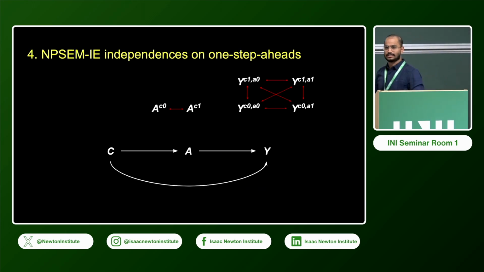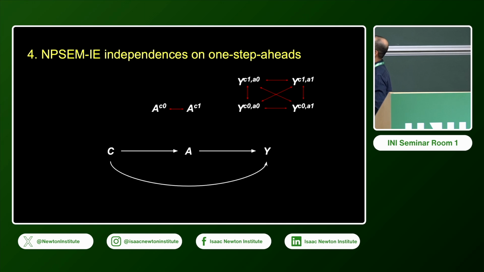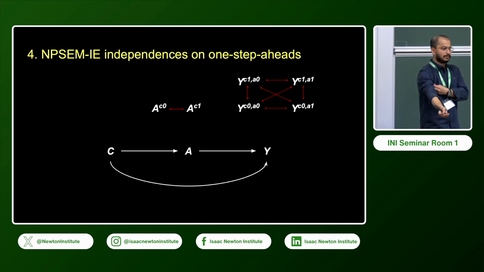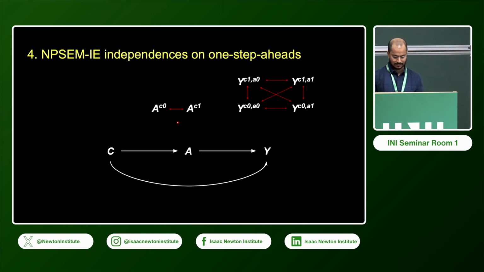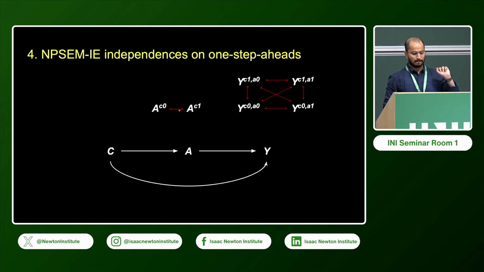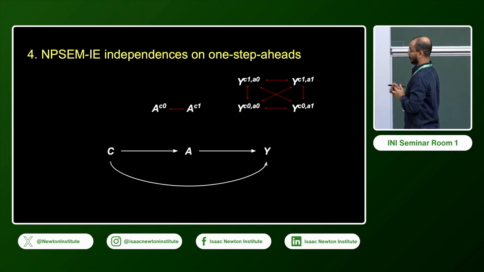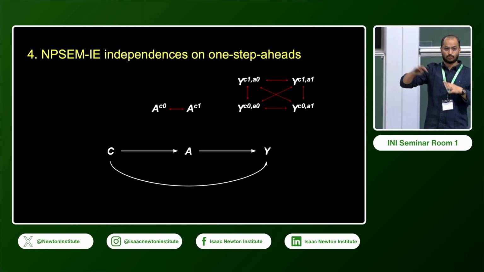So just to get a sense of what those restrictions might look like, this is what the NPSEM-IE would say about independence restrictions among the one-step aheads. So you see that within each set of one-step aheads, this is essentially a cross-world joint distribution. So there are no independencies within these one-step aheads, but there are a bunch of independencies between one-step aheads.